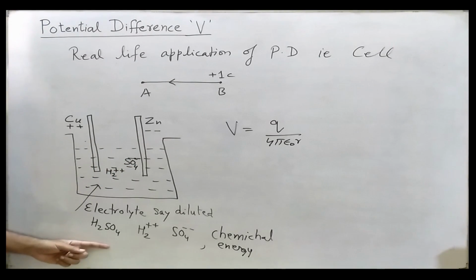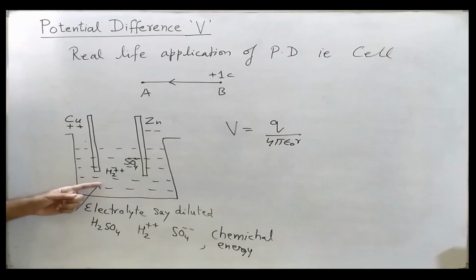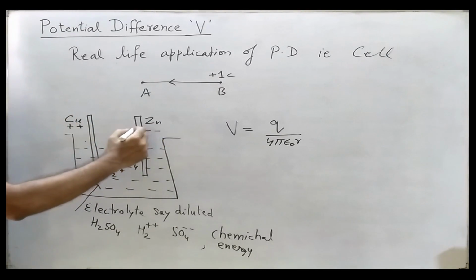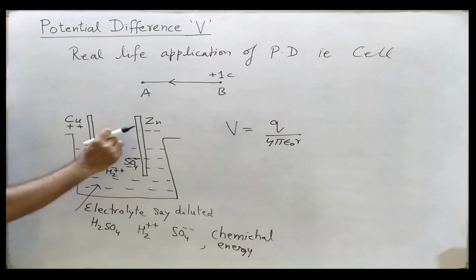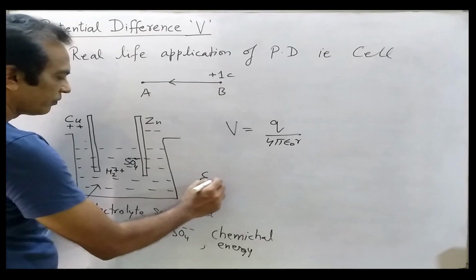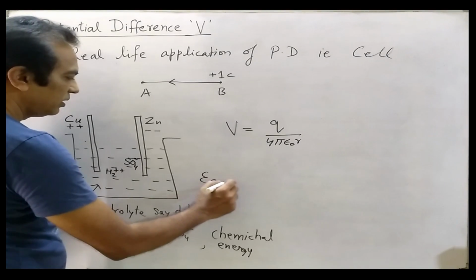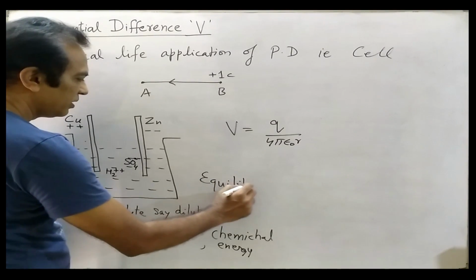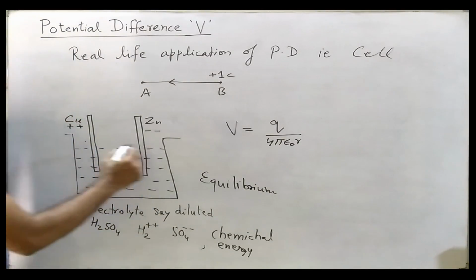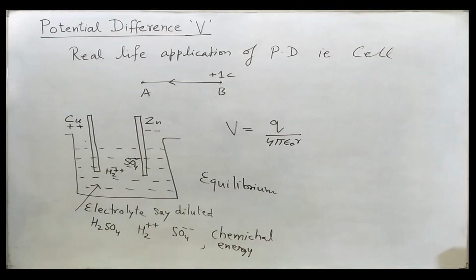Now this chemical reaction will stop once it reaches the equilibrium position. Let us say some fixed amount of positive charge and an equally fixed amount of negative charge will be deposited at the time of equilibrium. Once the equilibrium state is reached, no further charges will be deposited.